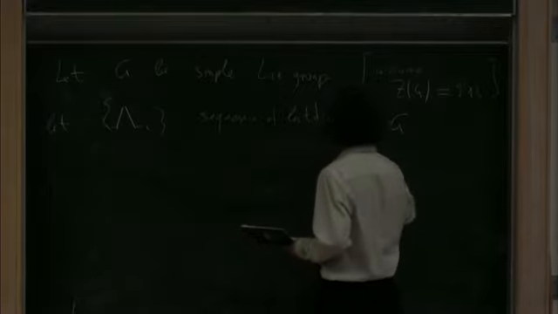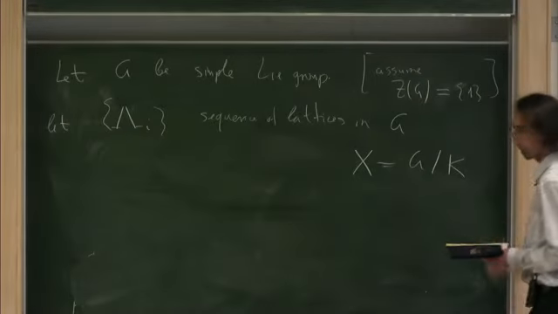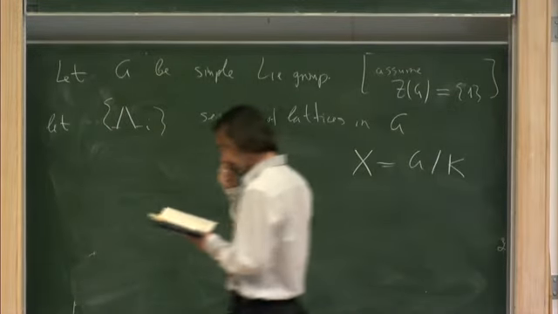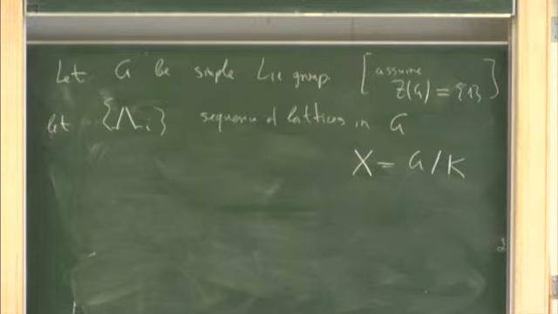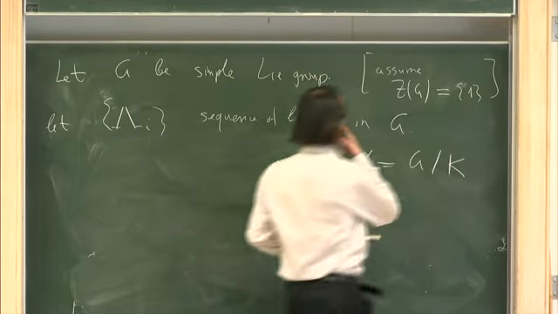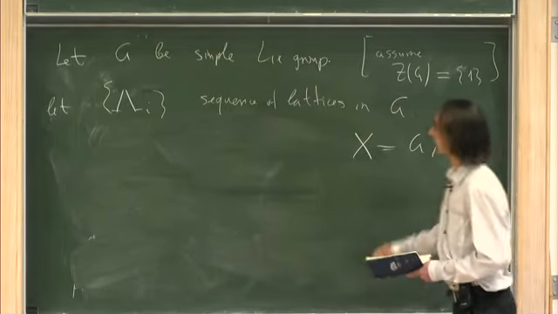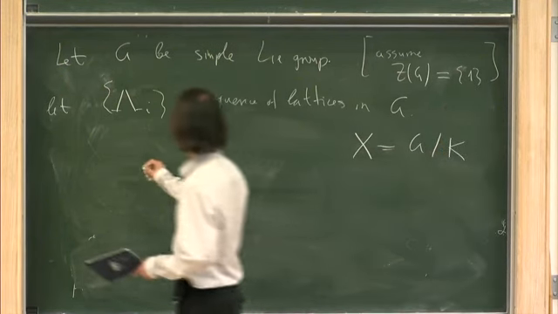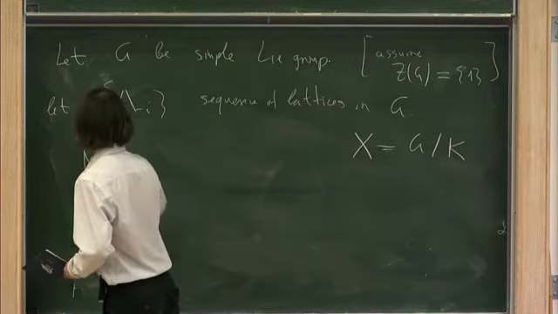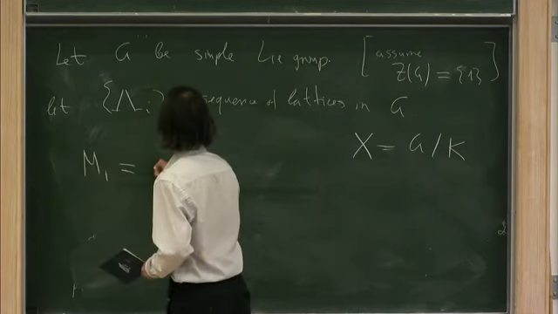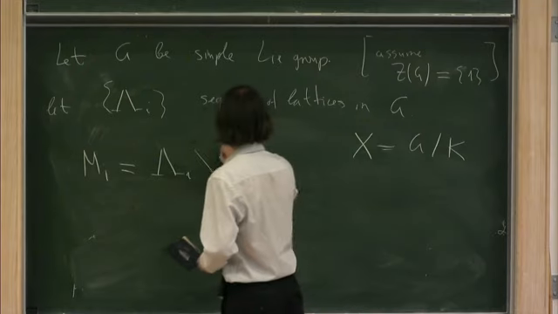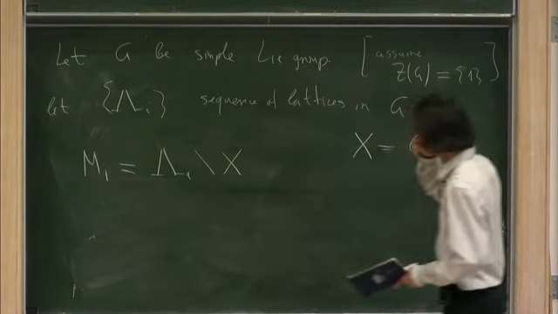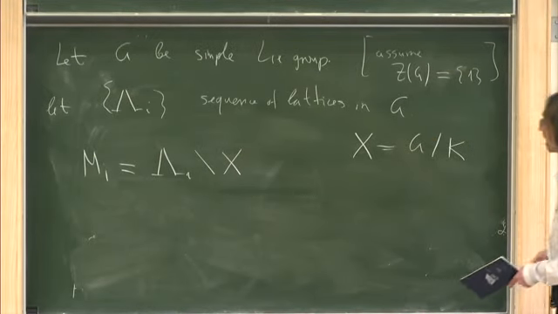Let X be the symmetric space, G modulo the maximal compact subgroup, and let M_i be the orbifold, the quotient of the symmetric space by the action of gamma_i.